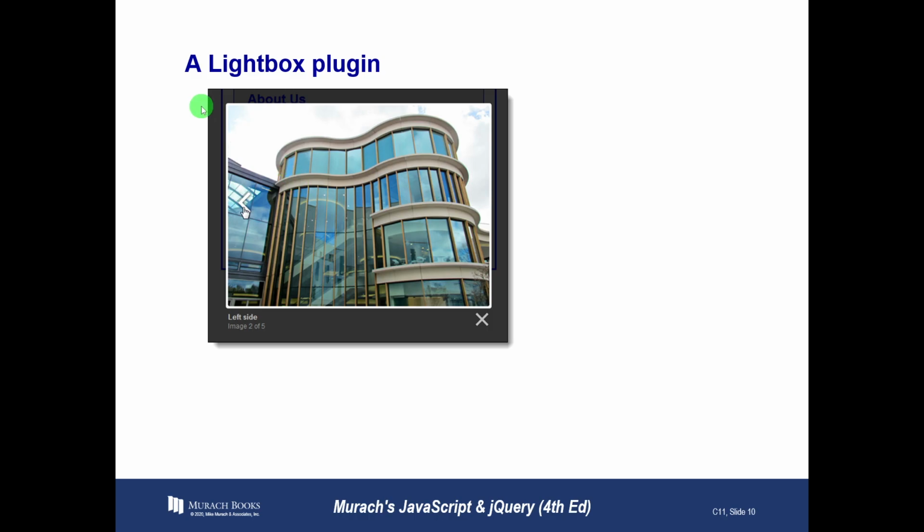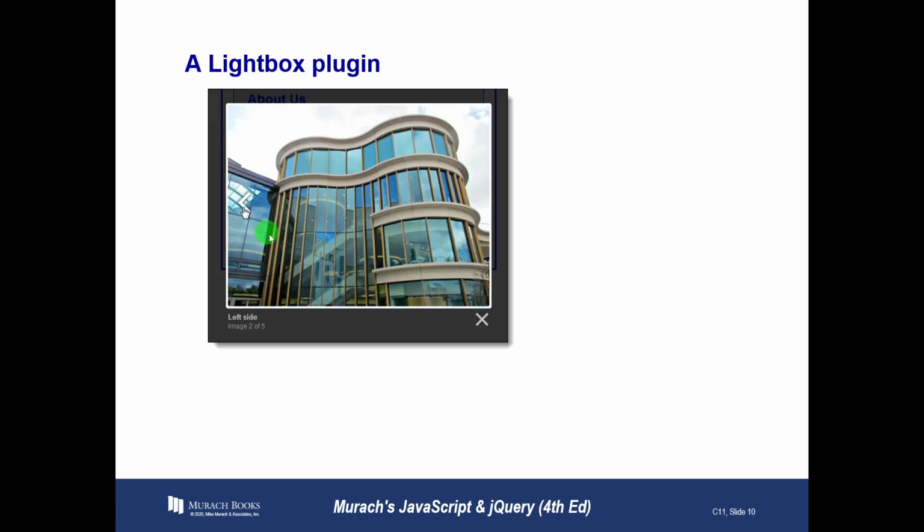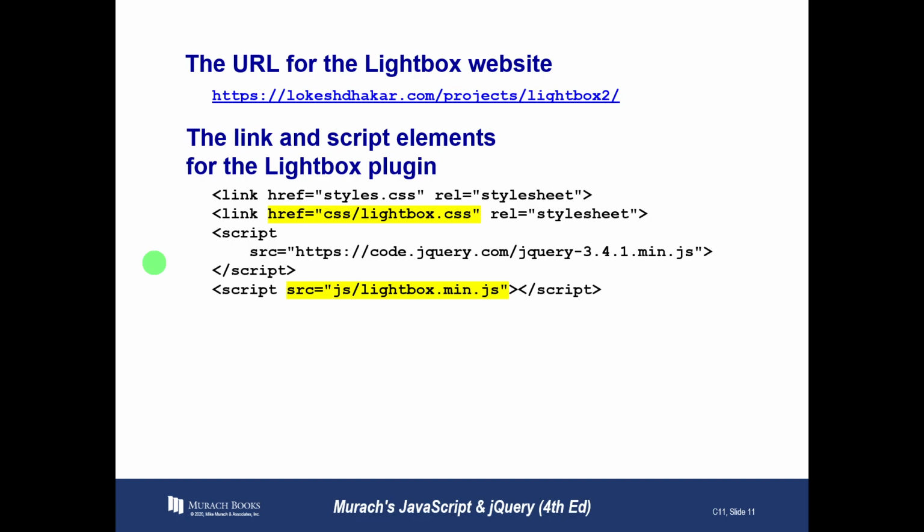Lightbox plugin. A Lightbox plugin is when you click on an image and it pops up this little box and you can kind of see through it a little bit, but the image pops up so you can get a bigger version of the image. There's the URL if you want to go to the Lightbox website and check it out. And here is an example.